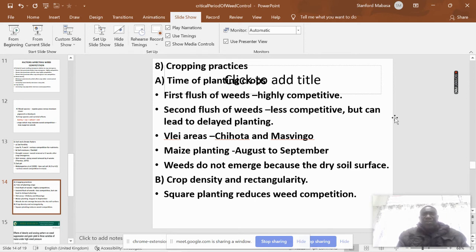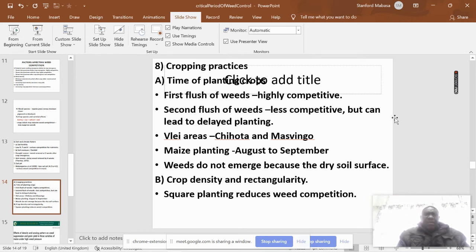So the crop can emerge in a weed-free environment. Now, in that case, probably you can actually delay weeding even up to 8 weeks, depending whether some rains have fallen between August and September. So flare areas can influence time of weeding.